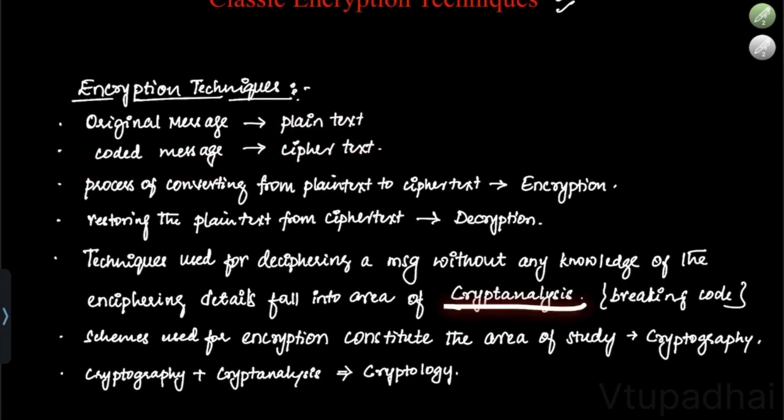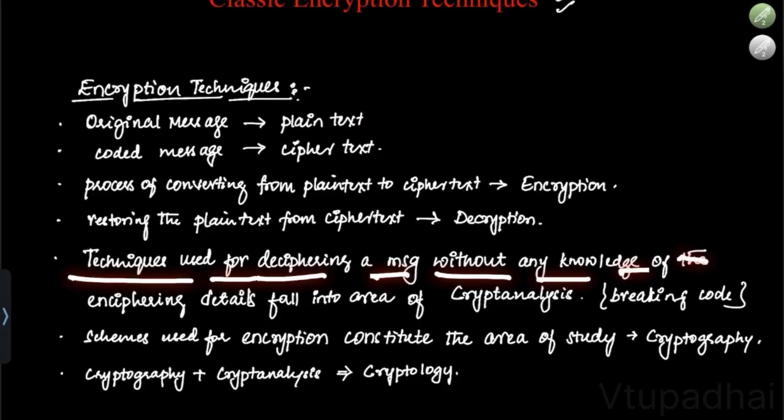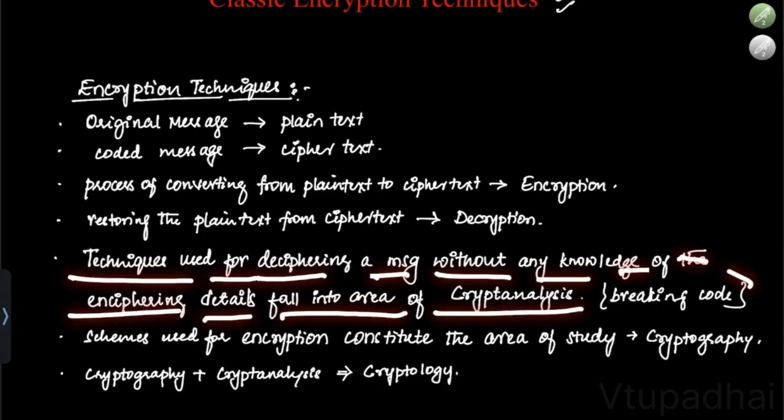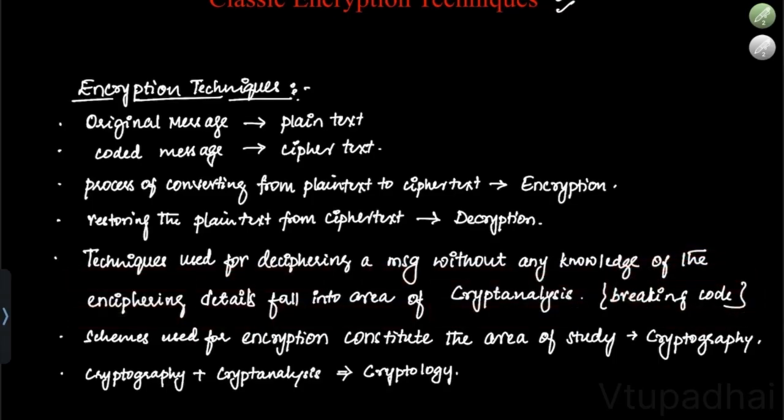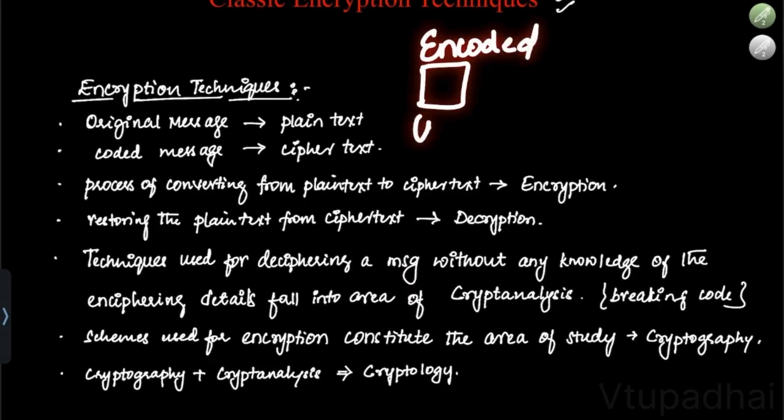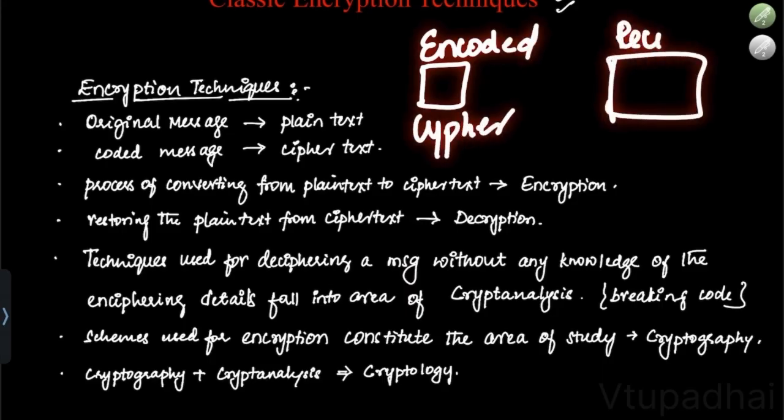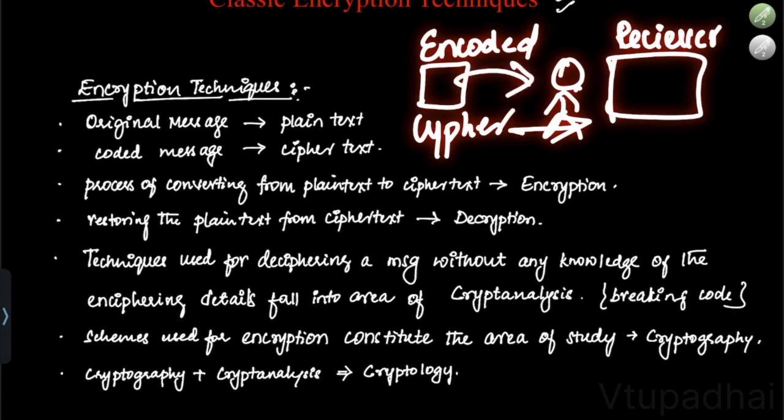So what is cryptanalysis? The techniques used for deciphering a message without any knowledge of the enciphering details fall in the area of cryptanalysis. That is, we are actually breaking the code. Suppose I have encoded a message, that is, I have a cipher, and it is being sent to the receiver. But before it reaches there, some intruder is trying to access this data.